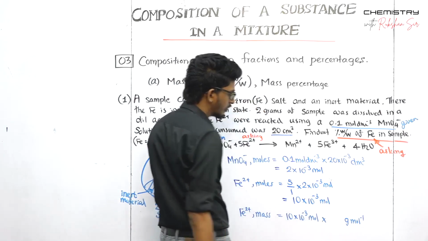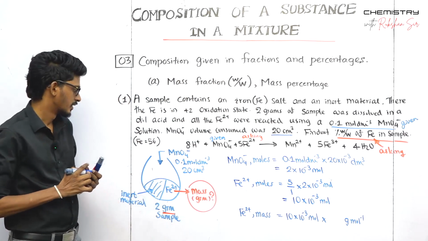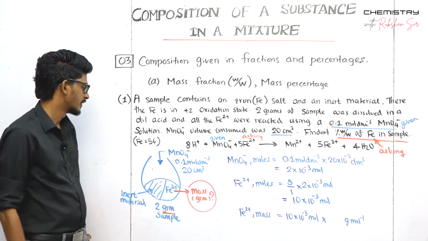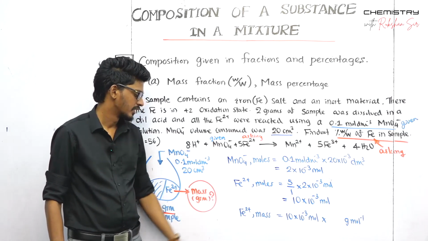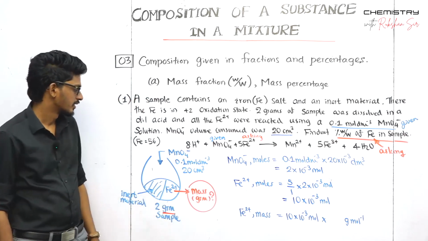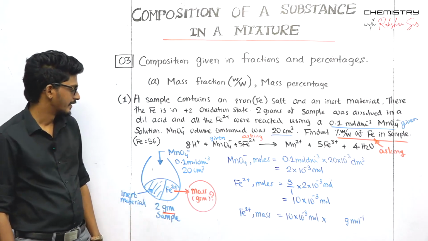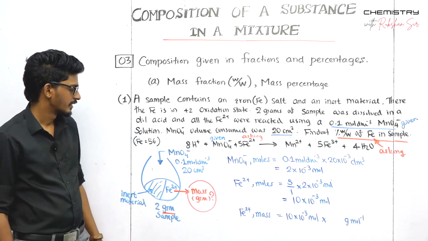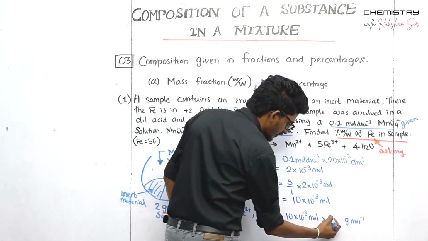The g mol^-1 value for Fe is 56, and it is the same for Fe2+, because removing 2 electrons won't affect the mass of an atom. So the Fe's molar weight is 56. Multiply the Fe2+ moles with 56.